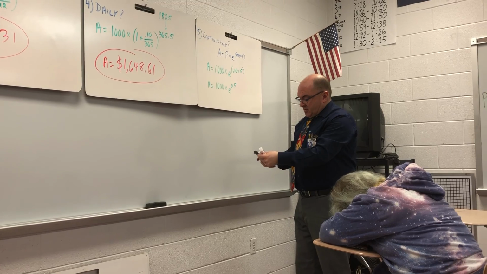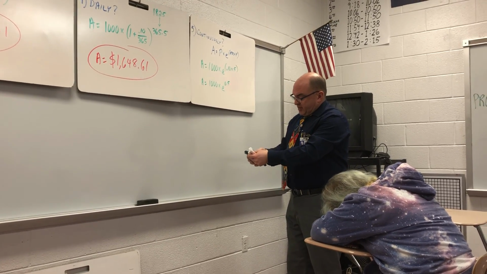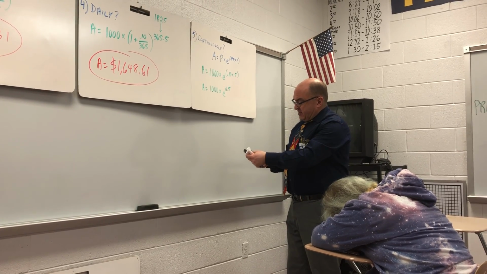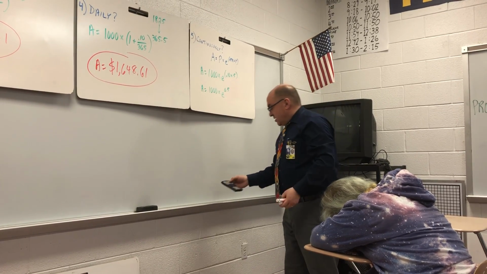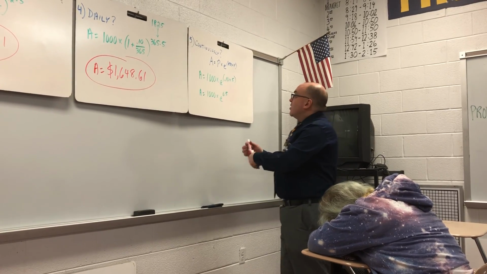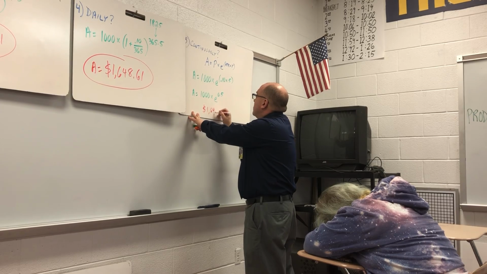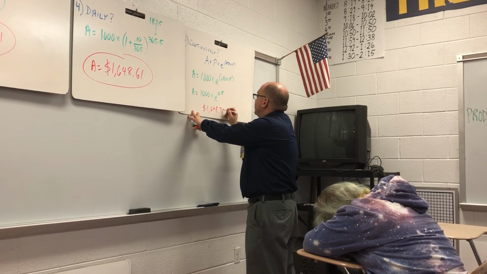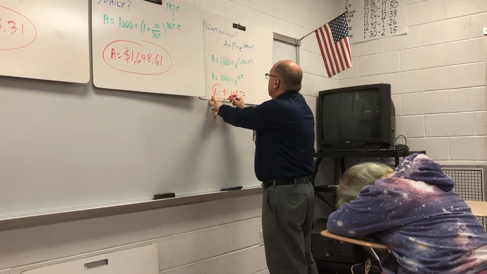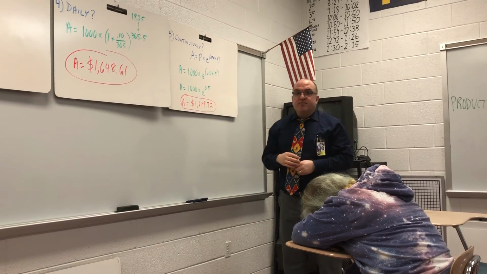So 1,000 times e to the 0.5 equals, all right, 1,648.72. Very good. And that's continuously.